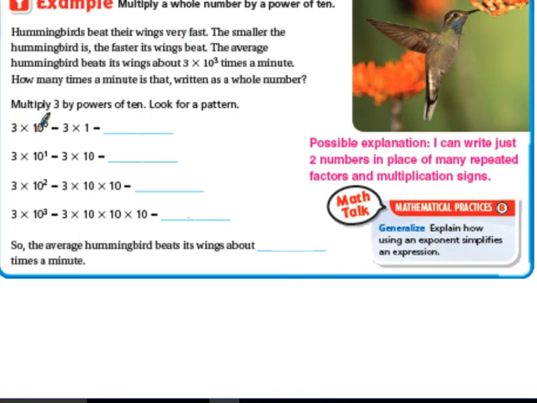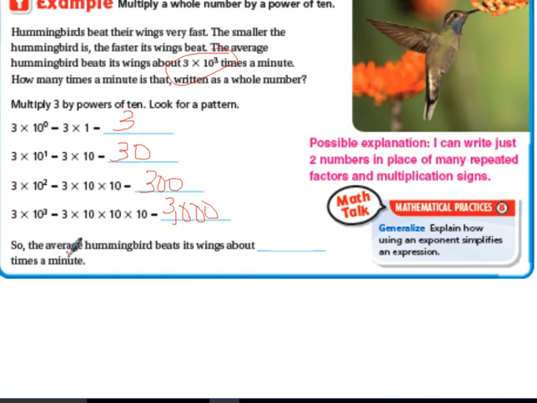So we just take 3 times 10 to the 0 power, which is just like saying 3 times 1, because there are no zeros, which is 3. 3 times 10 to the 1st power is 30, because my exponent tells me how many zeros. 3 times 10 to the 2nd power is like 3 times 10 times 10, which is 300. 3 times 10 to the 3rd power is like 3 times 10 times 10 times 10, which is 3,000.